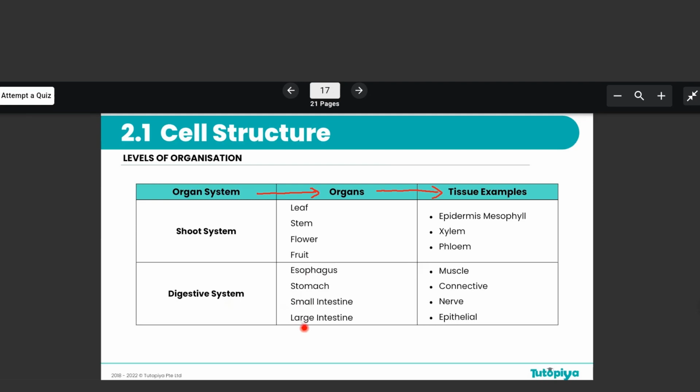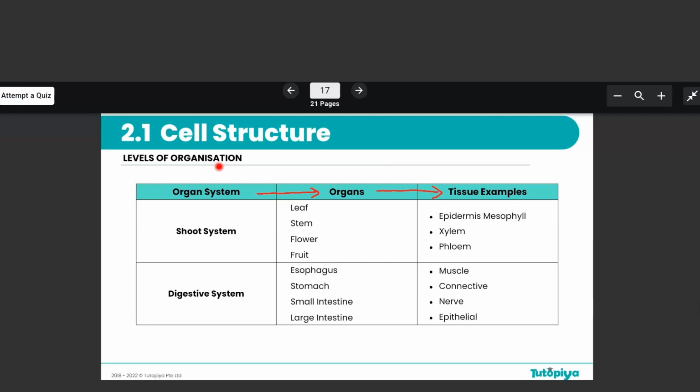And these organs themselves have different tissues within them, such as the muscle tissue, the connective tissue, the nerve tissue, and the epithelial tissue. So this is what you need to know about the levels of organization within a multicellular organism.